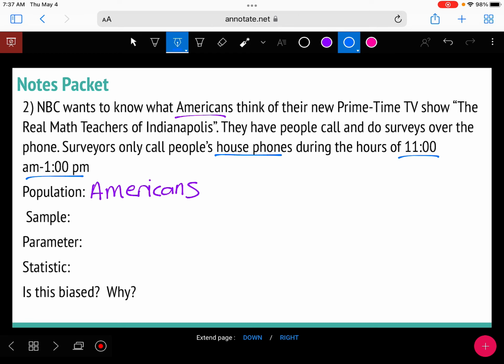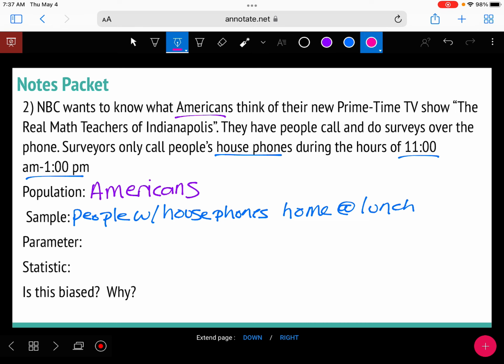All right, so the sample is people with house phones. Landlines. Home at lunch. What is our parameter? What do we want to know about our population?